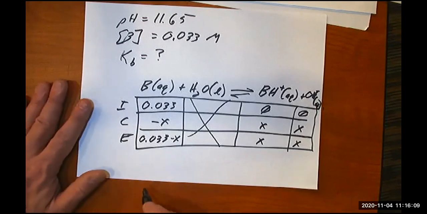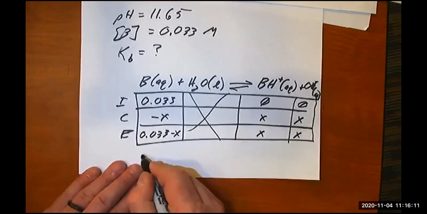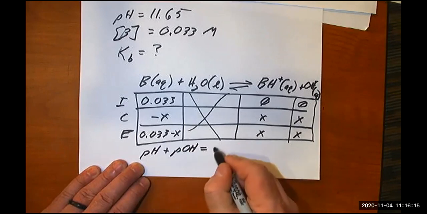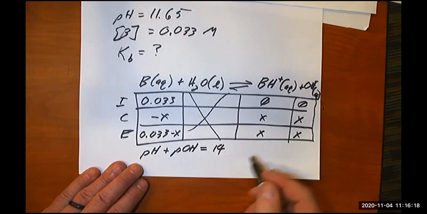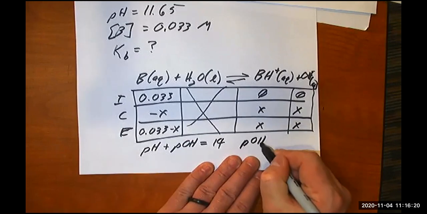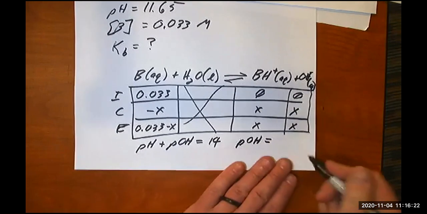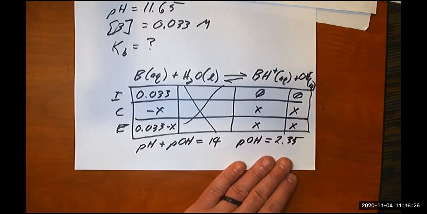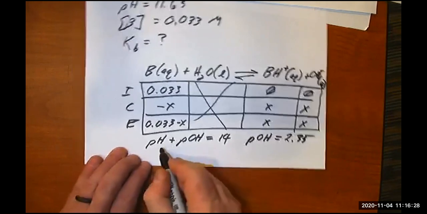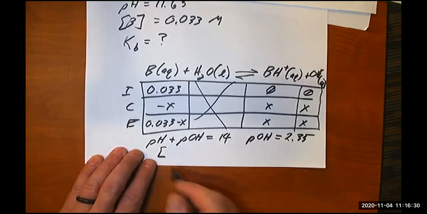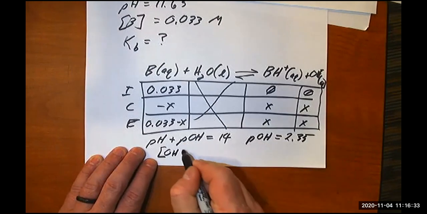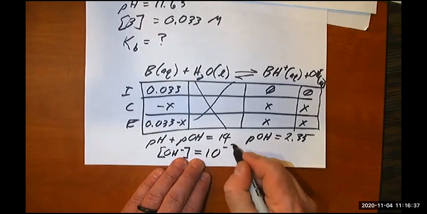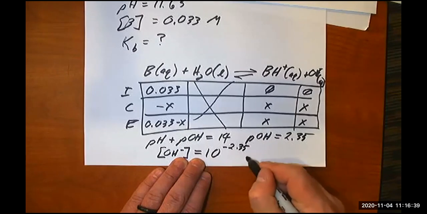One of the easiest ways to do this is to remember that pH plus pOH equals 14. So that says that our pOH is going to be 2.35. Getting out of the P scale, our concentration of OH minus is going to be 10 to the minus 2.35 molar.